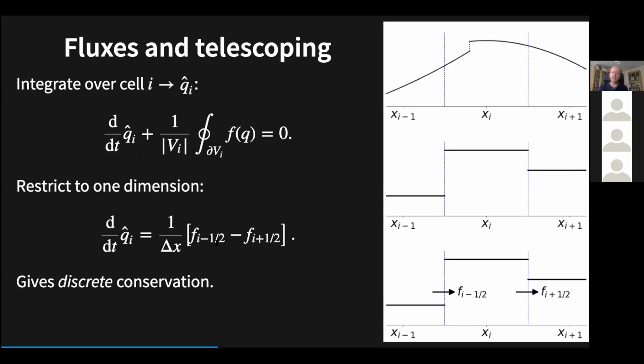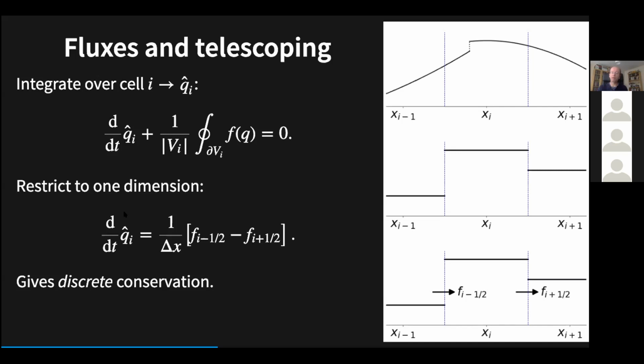And any individual intercell flux is going to appear precisely twice. So F_{i-1/2} appears with a positive sign when it's used to update cell X_i, but it also appears with a negative sign when it appears to update cell X_{i-1}. So that means all of the interior fluxes are going to cancel out.